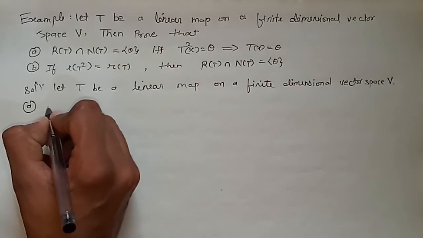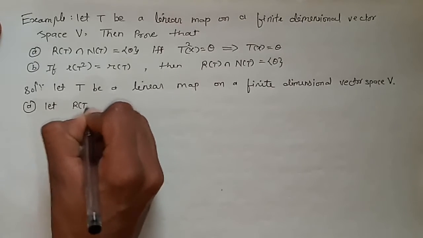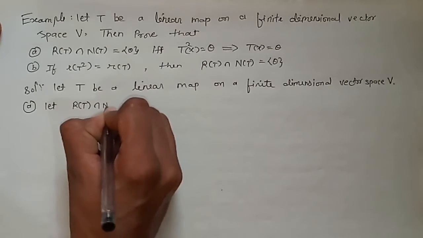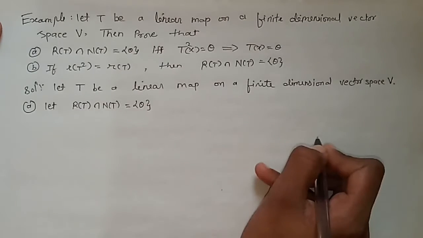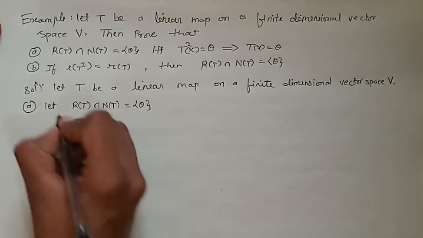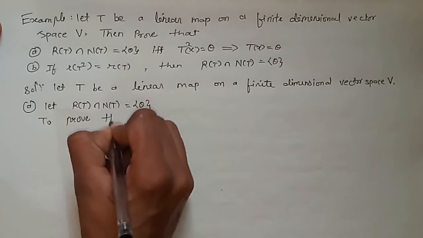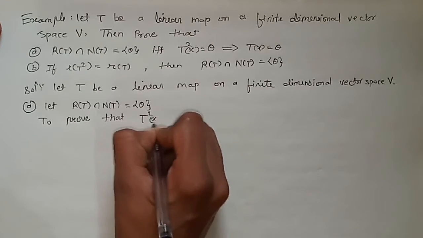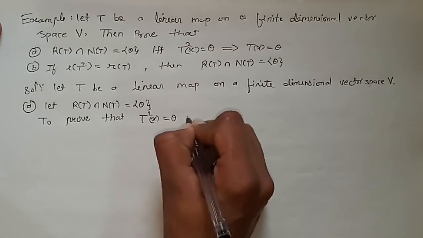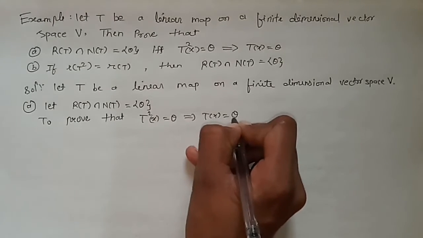So we'll start with first part. Let intersection of range of T and nullity of T be theta element, that means 0. Then we have to prove that T square x is equal to theta implies Tx is equal to theta.